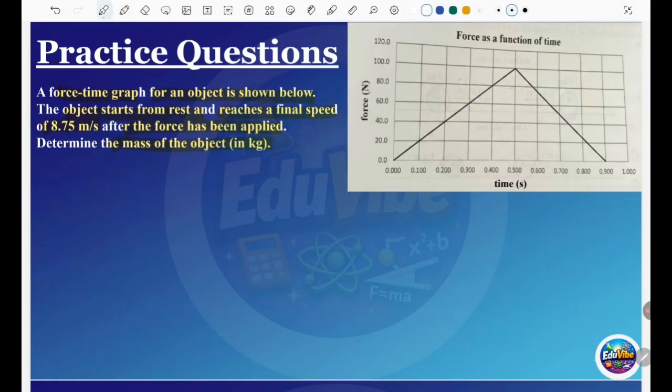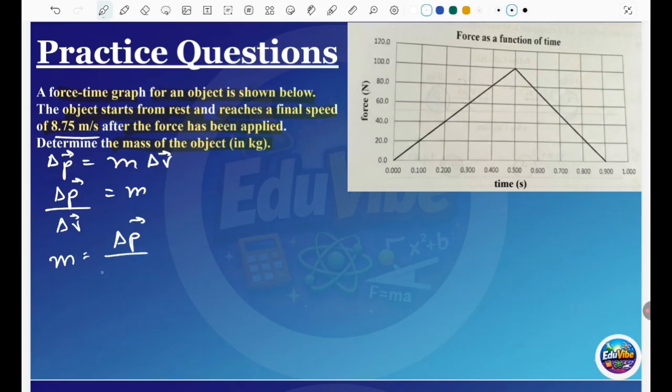So to determine the mass of the object, you know that delta P is equal to mass times delta V. So delta P upon delta V is equal to mass. This means that the mass is equal to delta P upon Vf minus Vi.